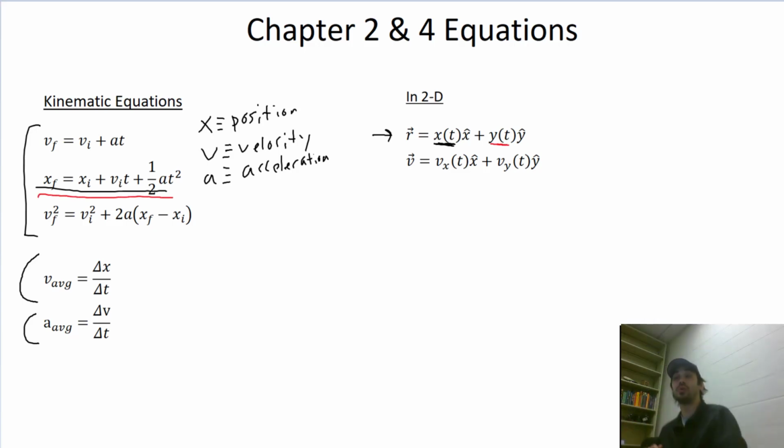We would ask, what are my initial position and velocity, and what is the acceleration in the x direction? I would create an equation for x, and I would do the same thing in y: my initial position in y, my initial velocity in y, and what is my acceleration?